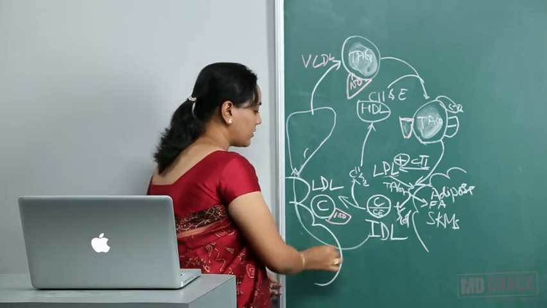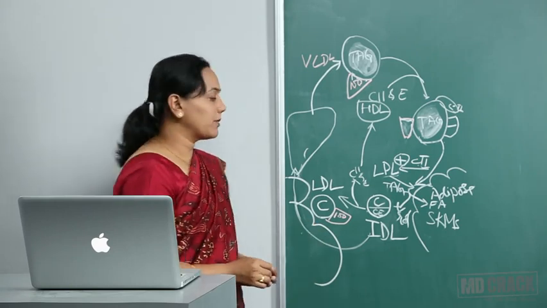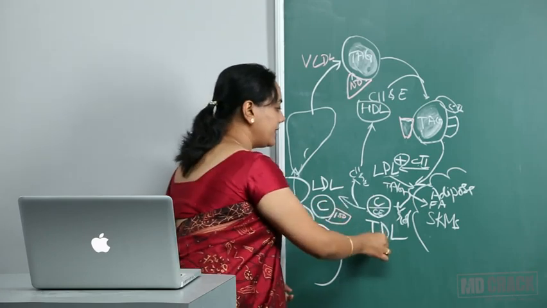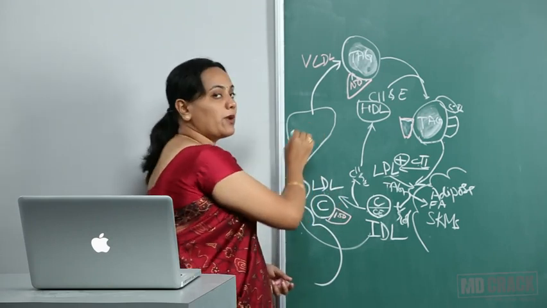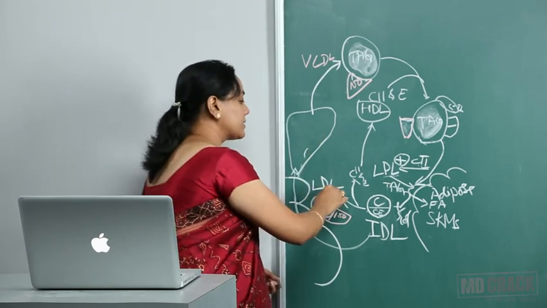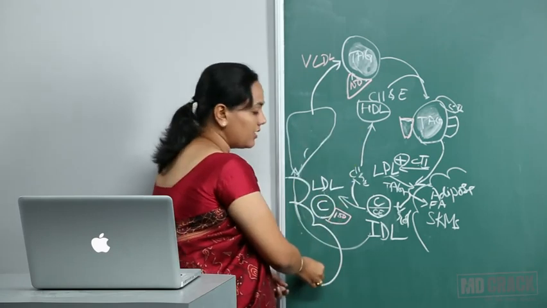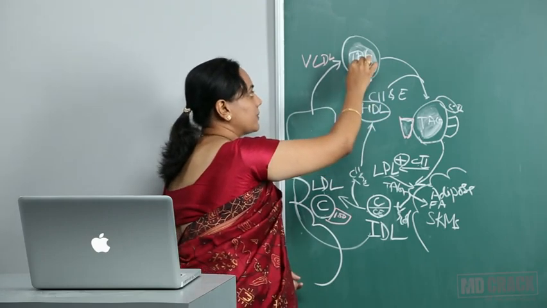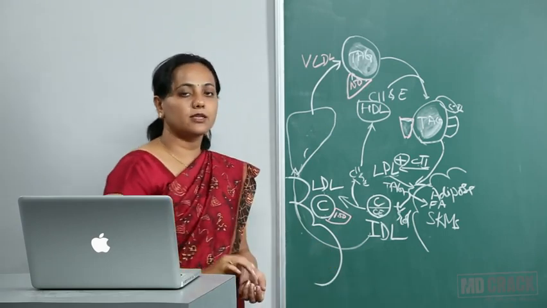So this is a point to be remembered, that LDL is formed in the circulation from IDL or from VLDL. So from where is LDL formed? It has come from the liver. So LDL is responsible for the transport of cholesterol from the liver to the extrahepatic tissues. VLDL is responsible for the transport of triacylglycerol from the liver to the extrahepatic tissues.